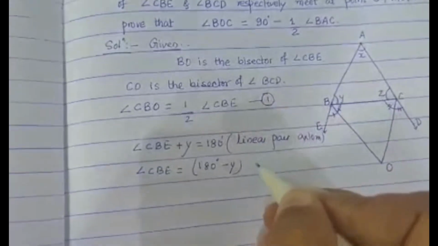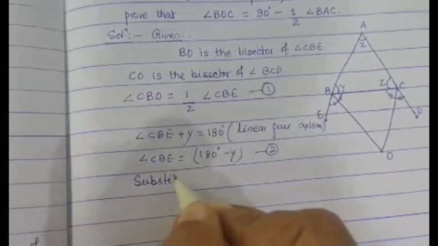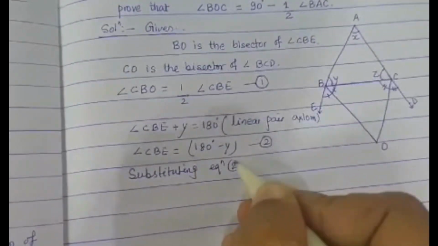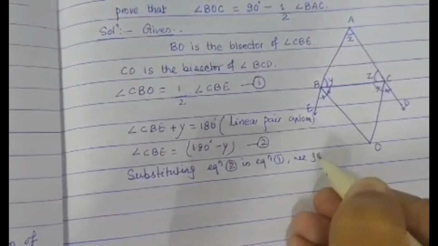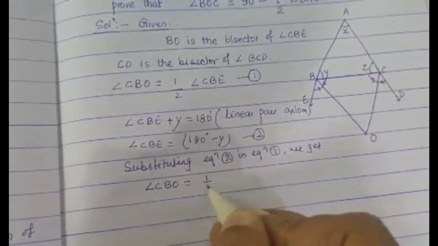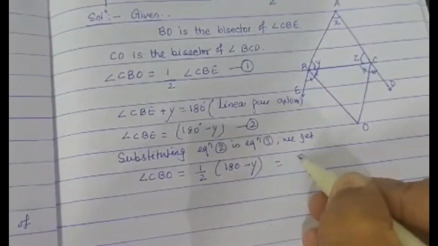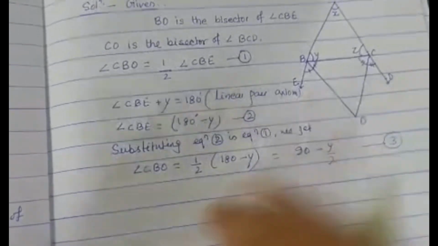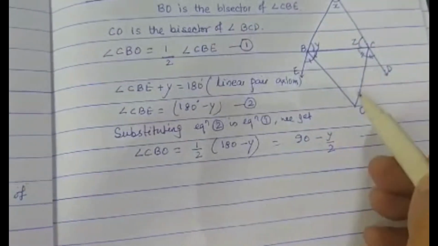Let us take this one, let us take this 2. So substituting equation 2 in equation 1, what do we get? We get angle CBO is equal to half of 180 minus Y, that is equal to 90 minus Y by 2. This will be equation 3, okay. Angle CBO equal to 90 minus Y by 2.